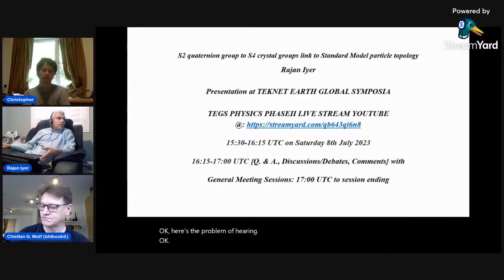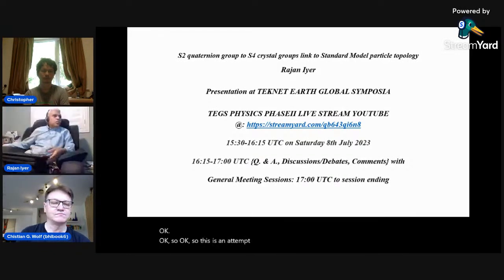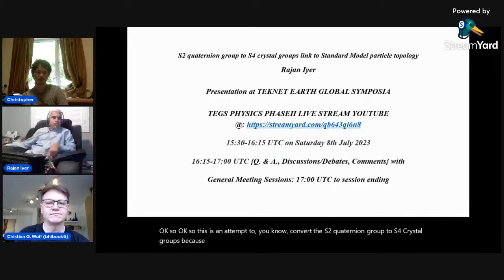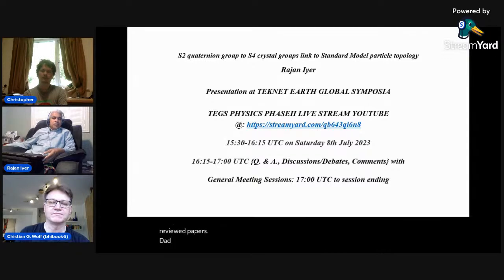Okay. So this is an attempt to convert the S2 quaternion group to S4 crystal groups, because that's important. In the formalism we developed, the S2 group has a lot of advantages. You can see that I have more than 30 peer-reviewed papers that go into detail and even connect to the colloquial space.